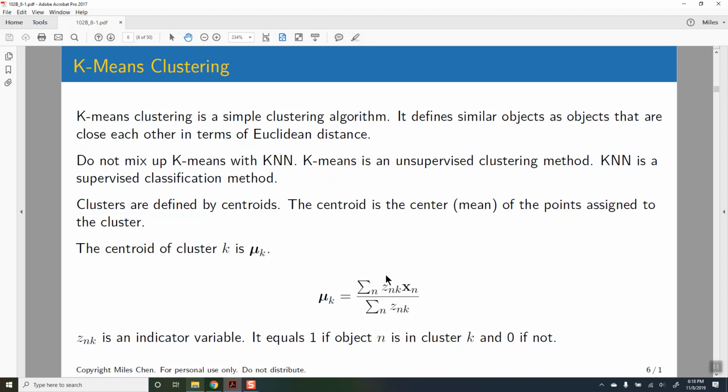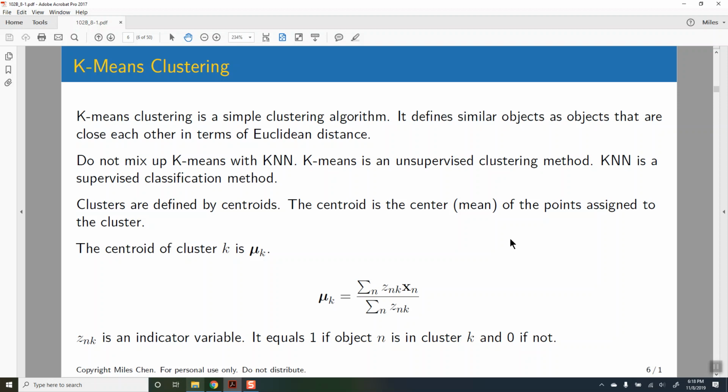That just means every observation, if you have n observations, every one of them is going to have k z values, because you have k different clusters. So if we're looking for 3 clusters, every observation is going to have 3 z sub k values. And it's basically going to be 1 if it's in the cluster, and 0 if it's not in the cluster.